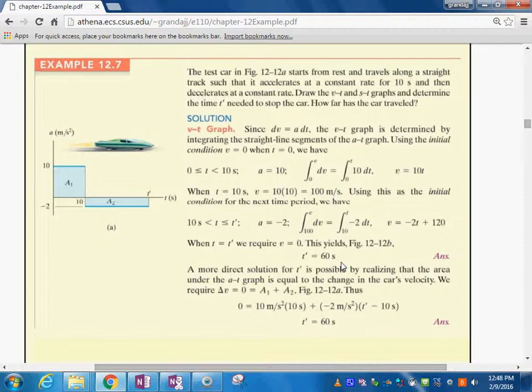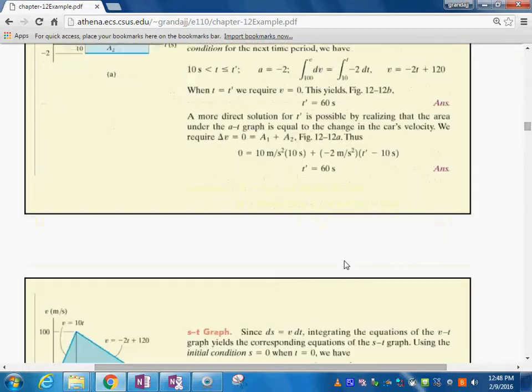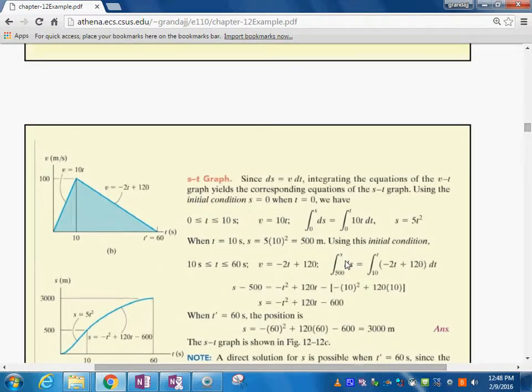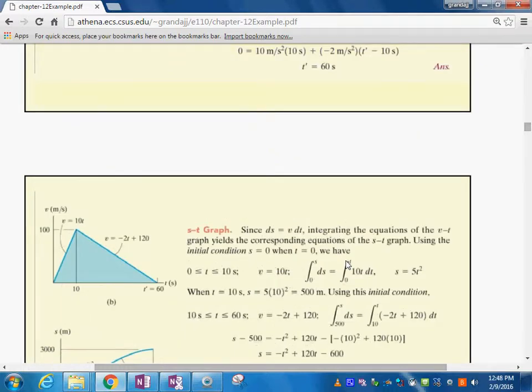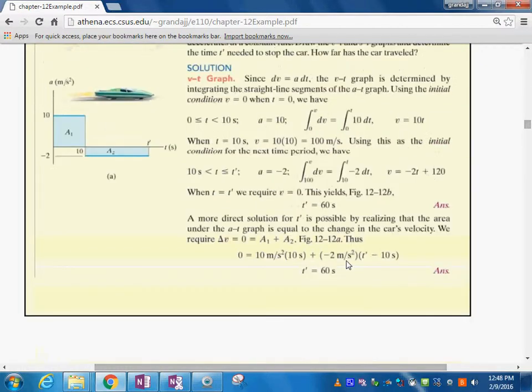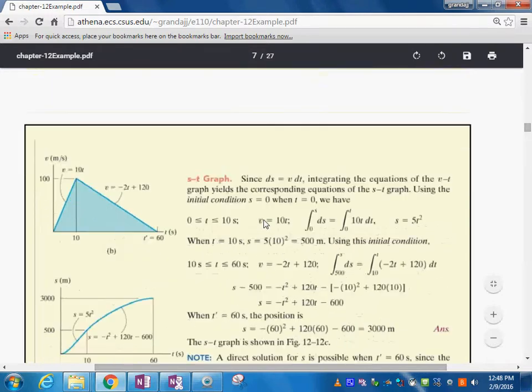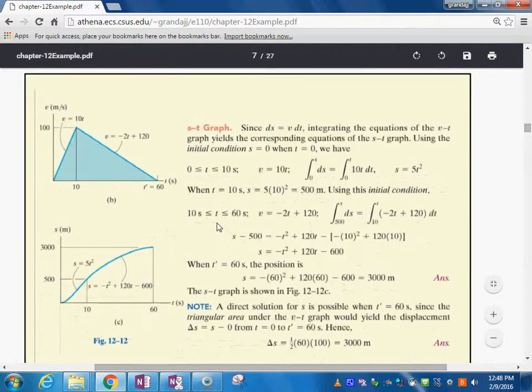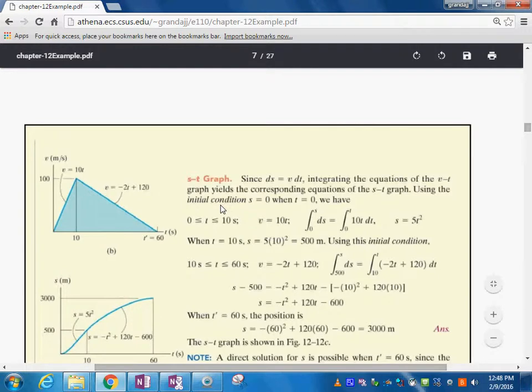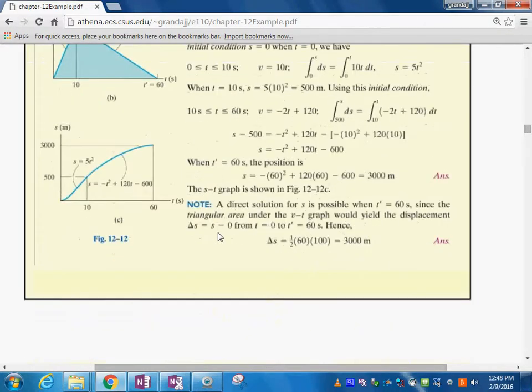And here, if you integrate the equation that ds is equal to v dt, so velocity is the derivative of position is what it's saying here. If you integrate the equation for v(t), it will yield the equation s(t). And we use the initial condition for s equal to 0 and t equal to 0.